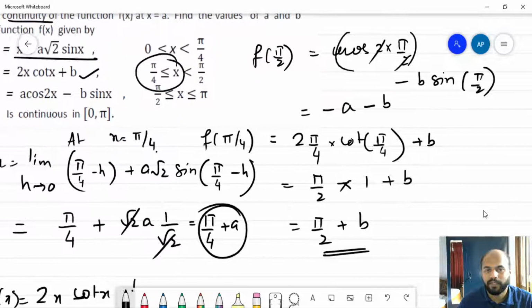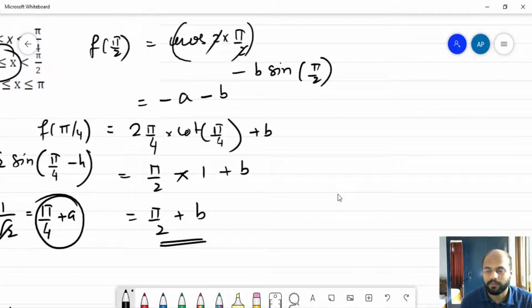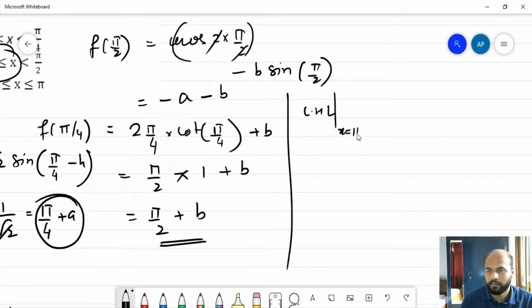Now let's take the left hand limit, which is 2x cot x plus b. So that's going to be limit x tending to pi by 2 from the negative side, 2x cot x plus b.